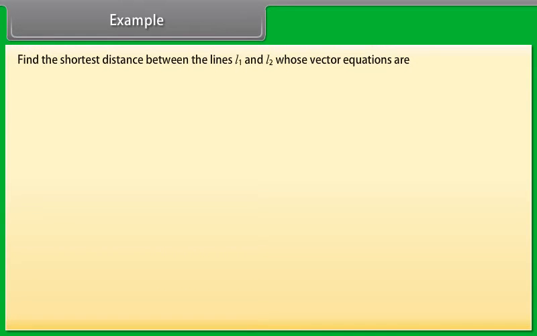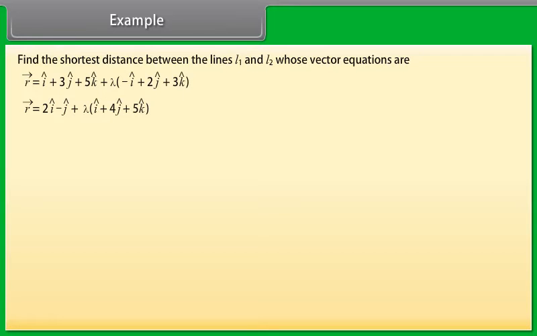Example: find the shortest distance between the lines L1 and L2 whose vector equations are vector r equals i cap plus 3 j cap plus 5 k cap plus lambda times minus i cap plus 2 j cap plus 3 k cap, and vector r equals 2 i cap minus j cap plus mu times i cap plus 4 j cap plus 5 k cap.